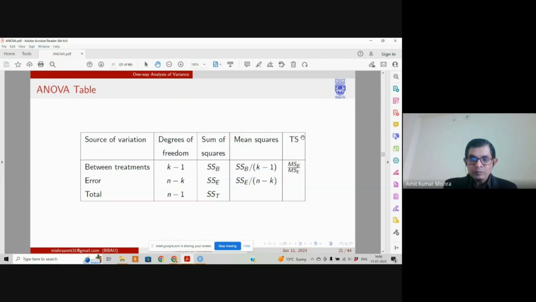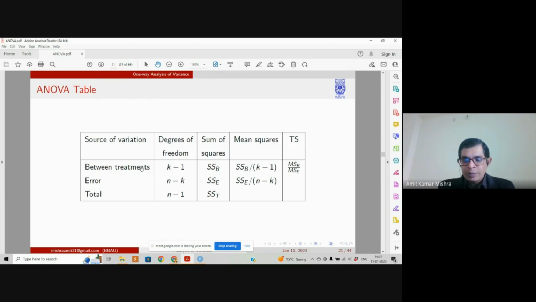Now in writing output, we always write down the analysis of variance table. How to write it down? We have the source of variation, that means between treatment, then error, then total variation.